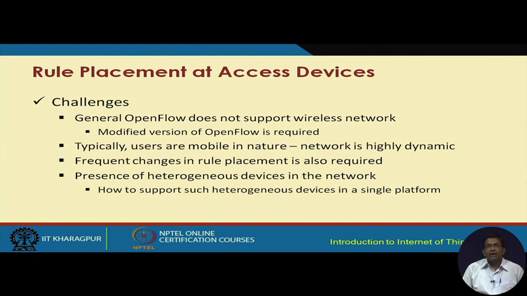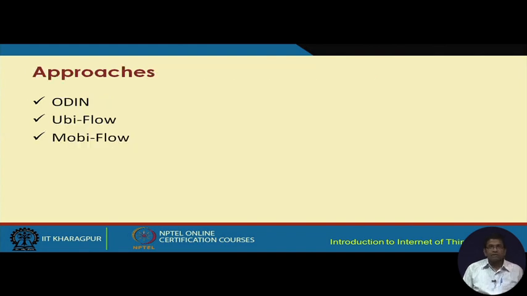So, the last challenge is that different types of heterogeneous devices having different configurations, supporting different vendor specific solutions and protocols and so on exist in a realistic mobile based IoT network. So, how to support such heterogeneous devices in a single platform? So, these are the challenges that have to be worked upon in order to deal with the rule placement issue.